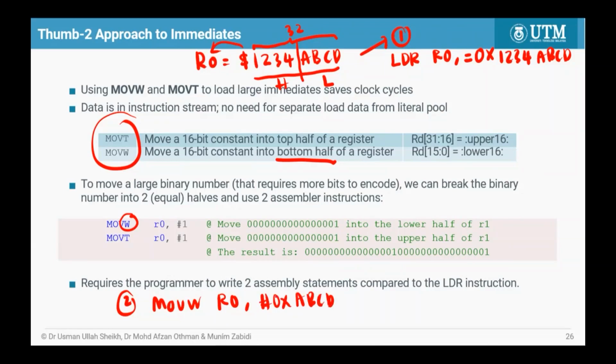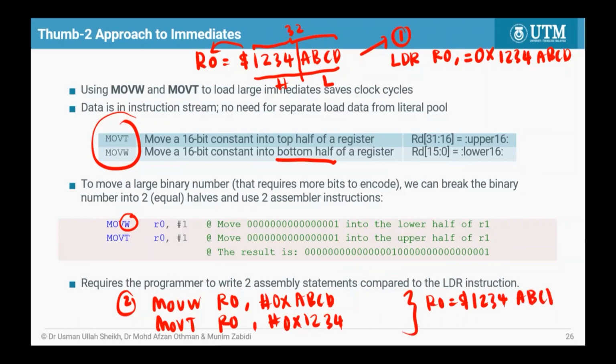So what happened to your R0? Your bottom half of R0 will have this value, and then MOVT R0 with hashtag takes the top half, 0x1234. After you execute these two lines, your R0 will have this value 0x1234ABCD.